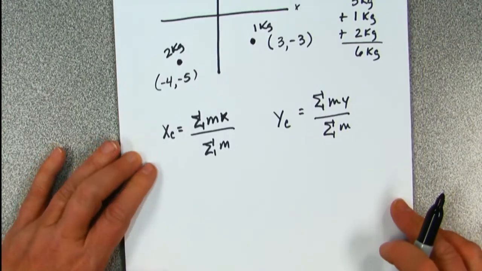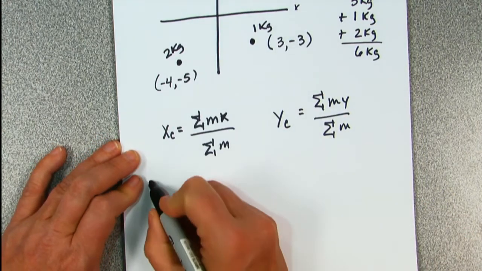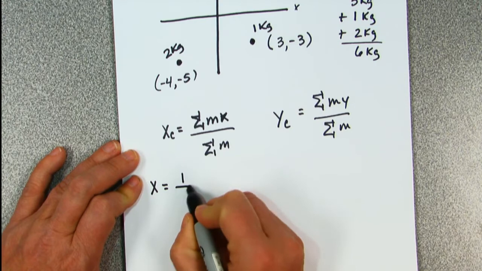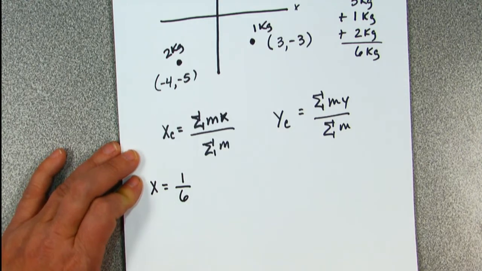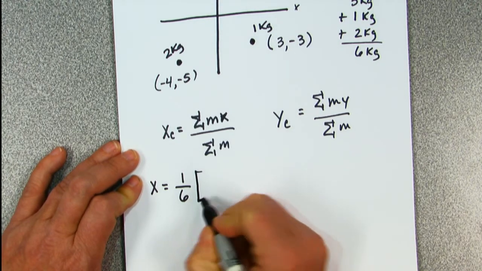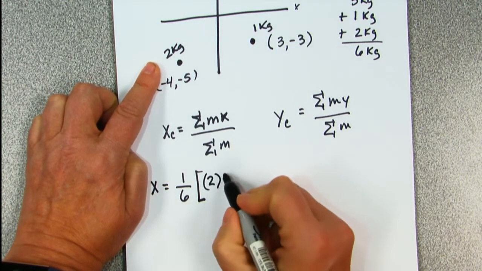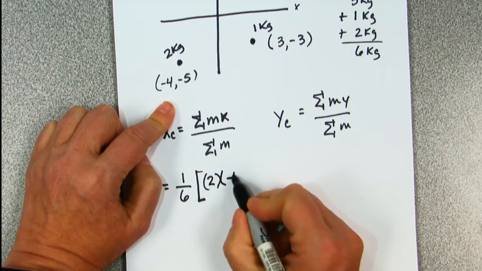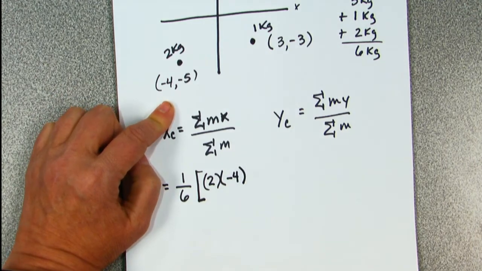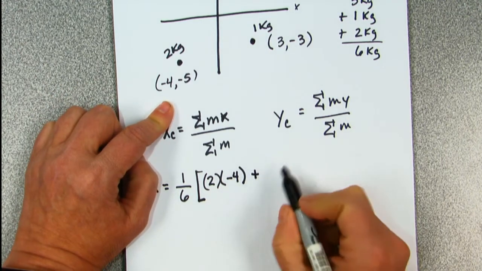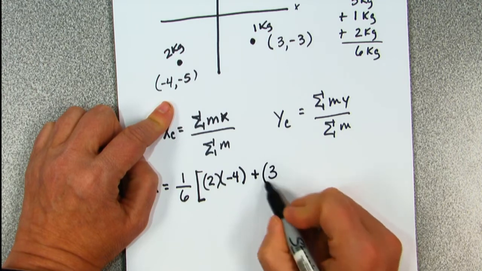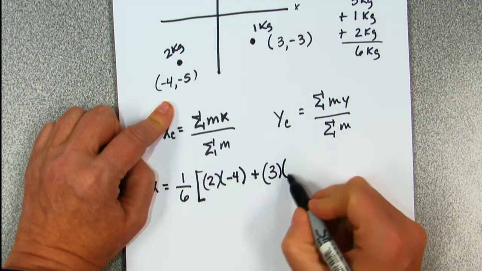So if I'm going to do the x, it's going to be divided by 1/6, because that's what's out there. I'm going to take my first mass, which is 2, and multiply it by its x, which is -4. I'm going to take the second one, 3, and its x, which is 4.